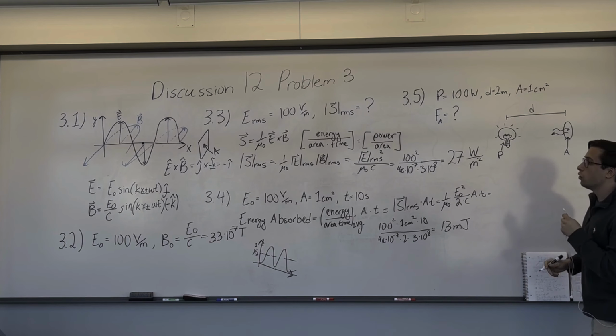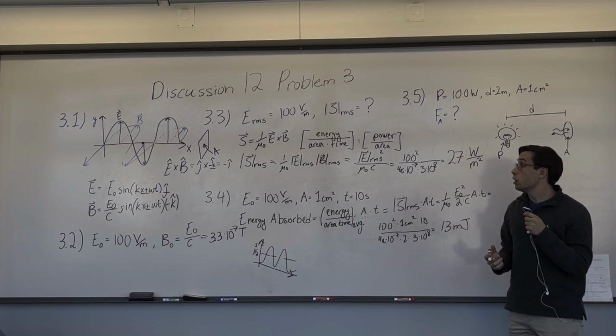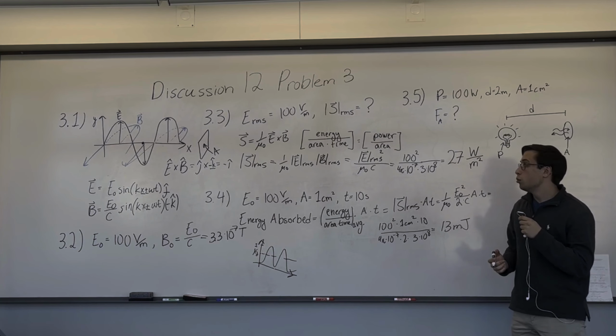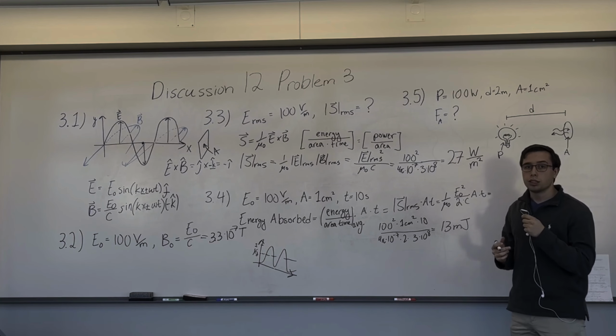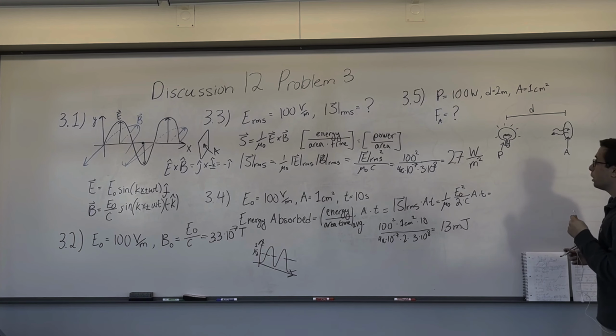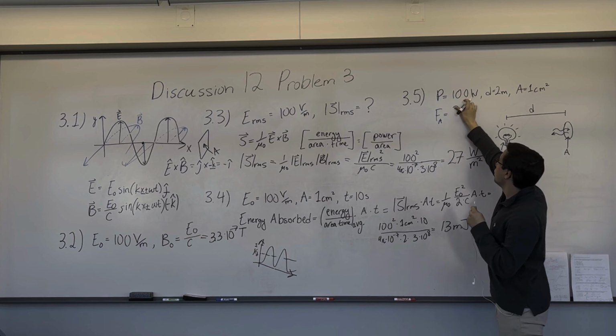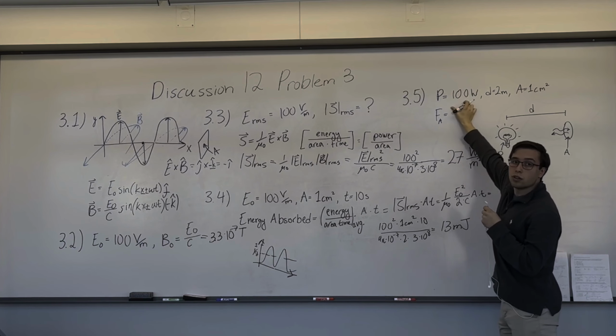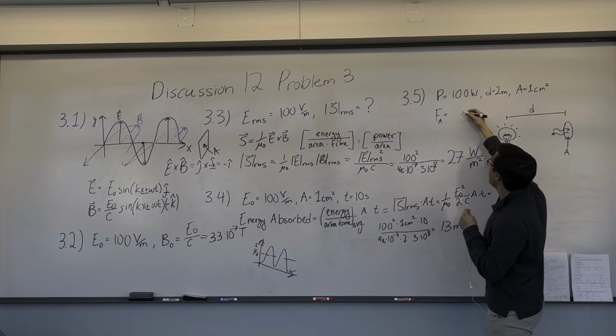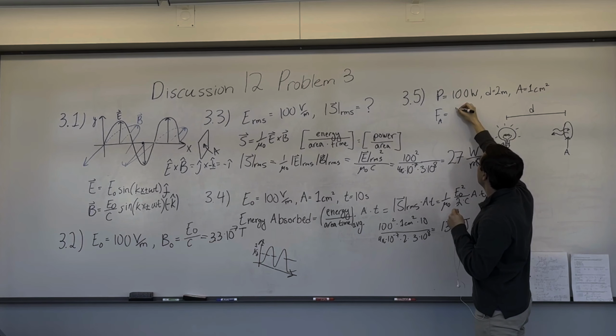So we've said that our electromagnetic wave carries energy, but it also carries momentum. And that's important because when we think of a force, the units of force, newtons, are the same as the units of momentum per time.